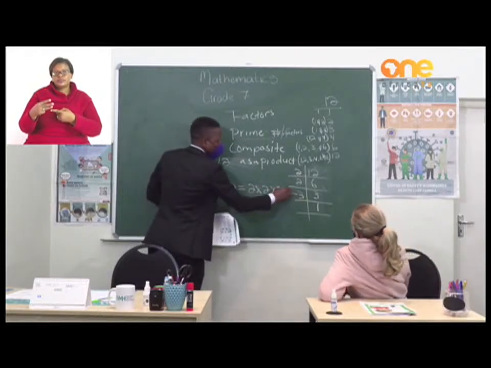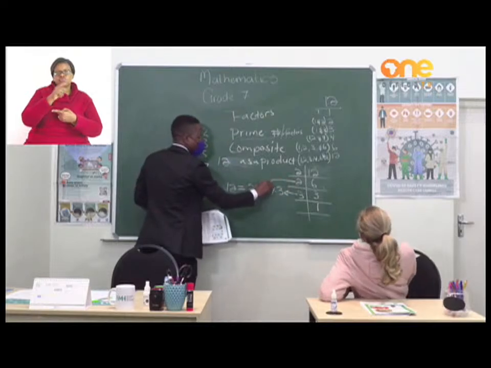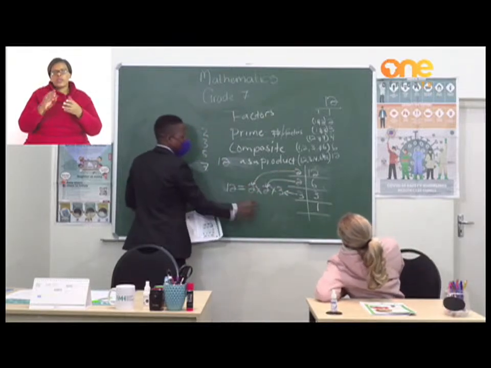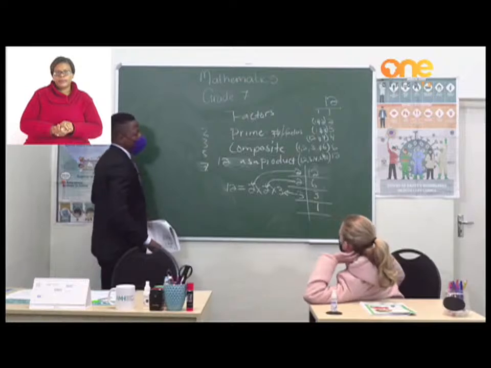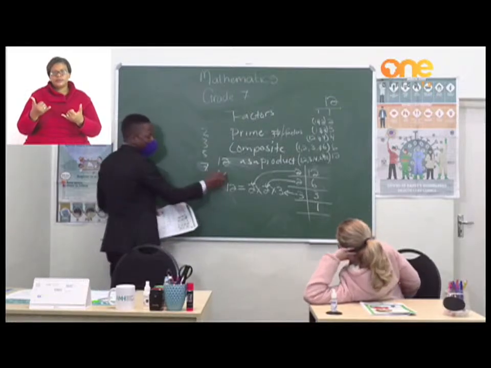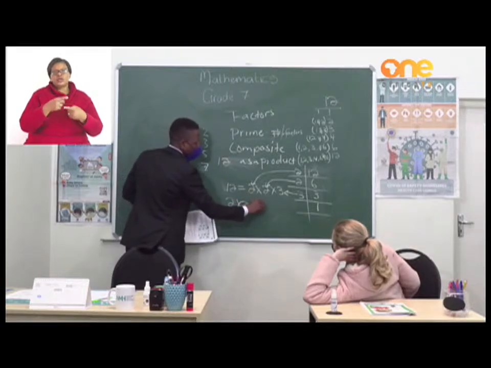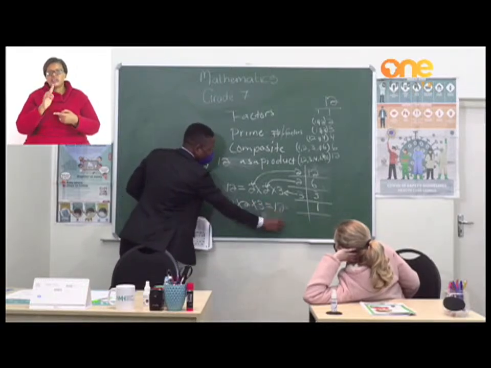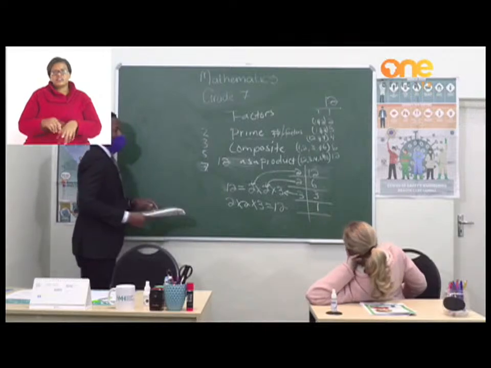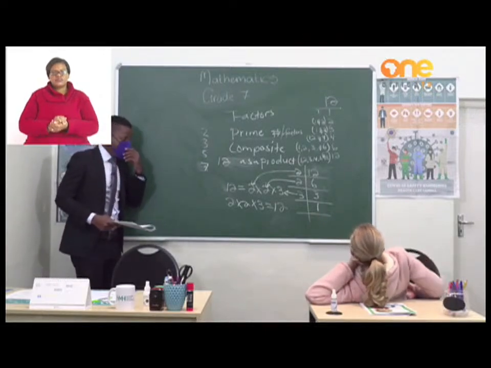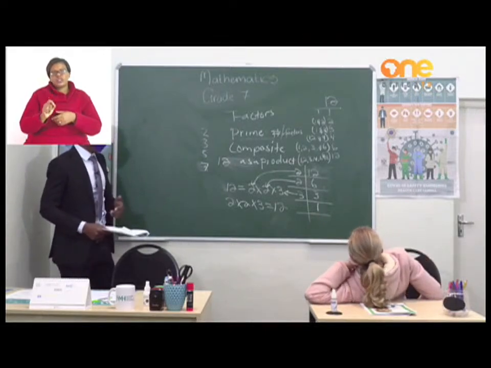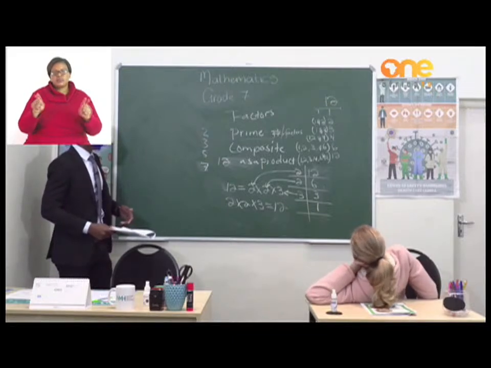So this came from here, came from here, there. In that way, you have answered the question, or you can write it 2 times 2 times 3 gives you 12. Still the same. And that is how you write a number as a product of its prime factors.